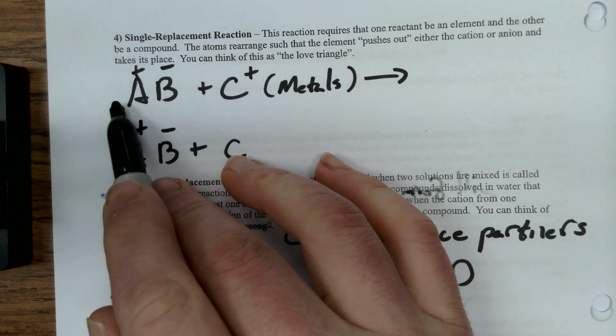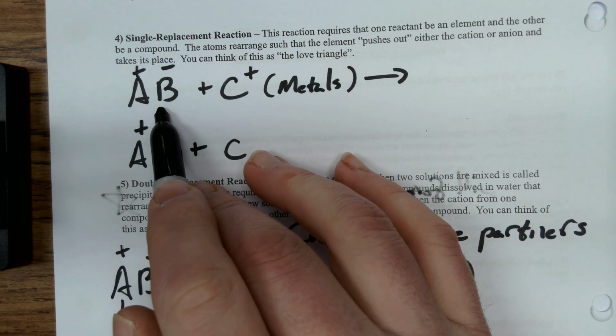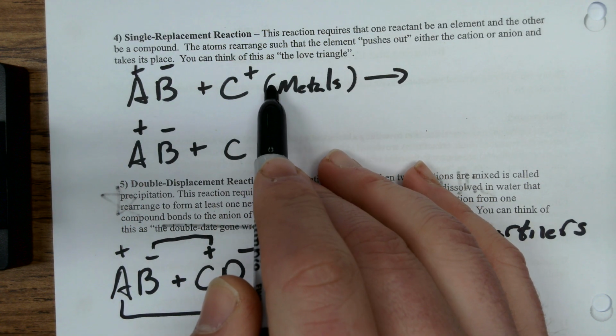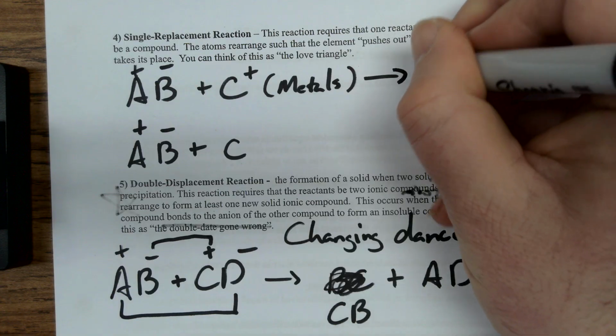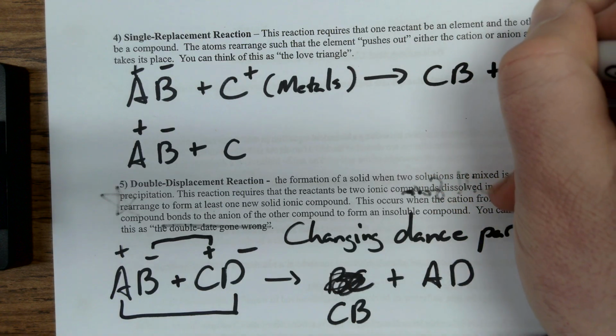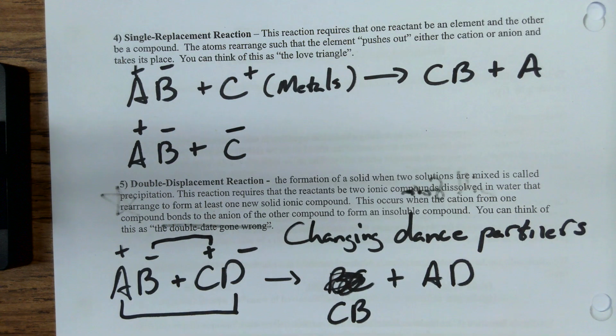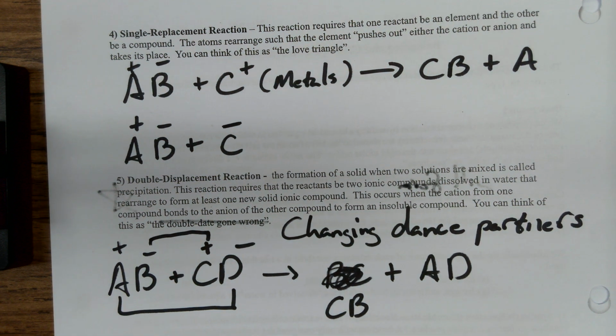A in AB would be the cation. If I have a single element cation, it's going to replace my A.